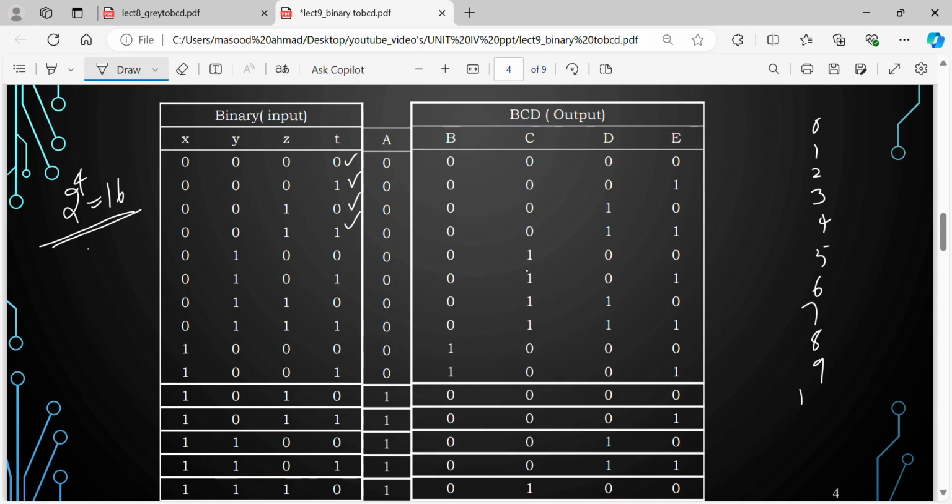Then we start with 10. To represent 10, to represent 0, I need 4 bits, and to represent 1, 1 bit. So 5 bits. That is the reason why the output is 5 bits. It starts with A, B, C, D, and E. So up to 9, I mean to say 0 to 9.